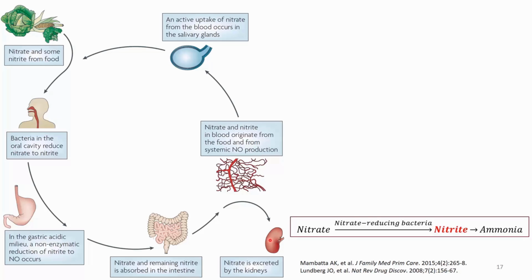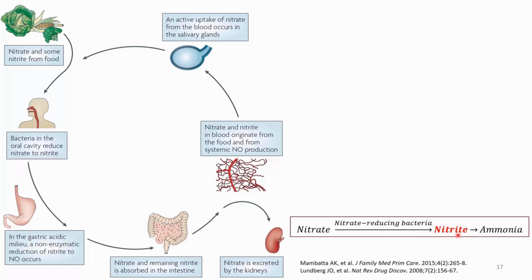And what we check on urinalysis is nitrite. Because you are only supposed to have nitrate in the urine and not nitrite, and you're not really supposed to have bacteria in the urine, if you do find nitrite in the urine, that could suggest that there are nitrate-reducing bacteria in the urine that are converting the nitrate, which is supposed to be there, into nitrite.